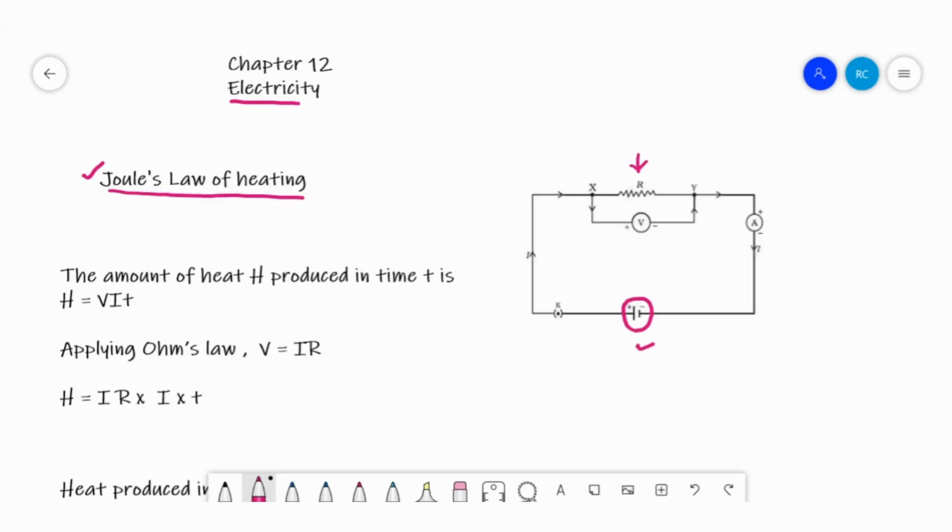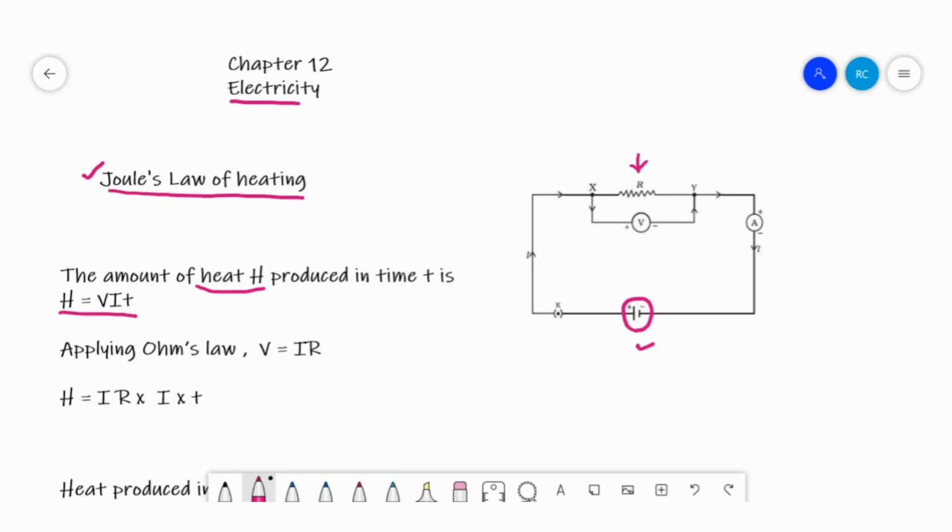Now, for a steady current in the circuit, we use the symbol H to represent the amount of heat produced. So the amount of heat produced in the circuit is H equals V into I into T, which means potential difference into current into time.